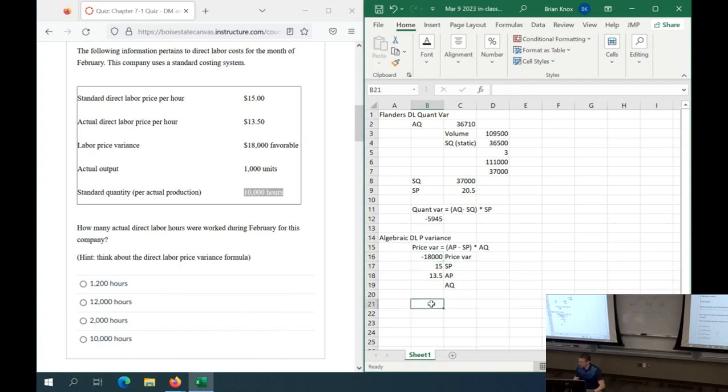Let's do it in a way that we might do it if you were doing this quickly in Excel without a whiteboard doing the algebra. I would just take what's in the parentheses here and divide both sides by it. So I take the parentheses here and recreate it. So this should be our actual quantity.